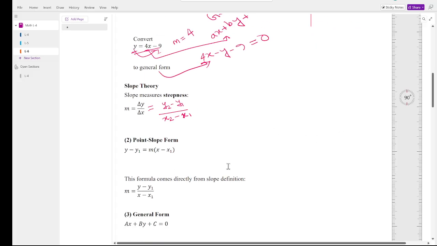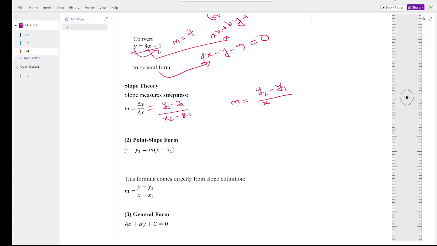Now, the second part, the point-slope form. The point-slope form comes mainly from this formula. We can write m equal to y2 minus y1 over x2 minus x1. This is the equation of slope. We can multiply by x2 minus x1, so we write y2 minus y1 equal to m into x2 minus x1.